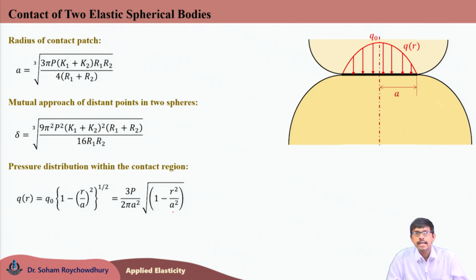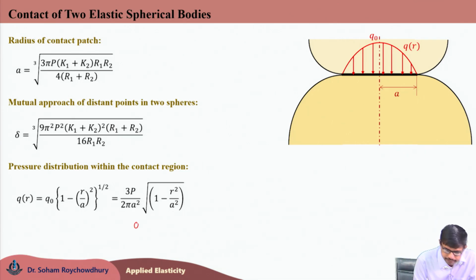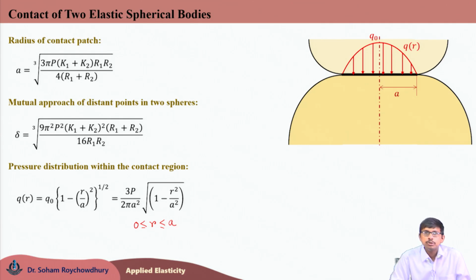From that, q naught, the maximum intensity of the contact pressure at the center of the contact patch, can be written as 3 P by 2 pi a square, and hence q(r), the contact pressure distribution, is written as 3 P by 2 pi a square times the square root of 1 minus r square by a square, and this is valid only within the contact span, for the range of r from 0 to a.